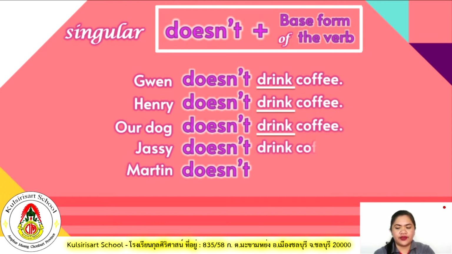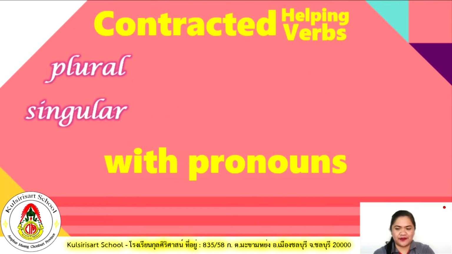Now, let's read all the sentences. Gwen doesn't drink coffee. Henry doesn't drink coffee. Our dog doesn't drink coffee. Jazzy doesn't drink coffee. Martin doesn't drink coffee. Okay, so we are finished with contractions and its example.